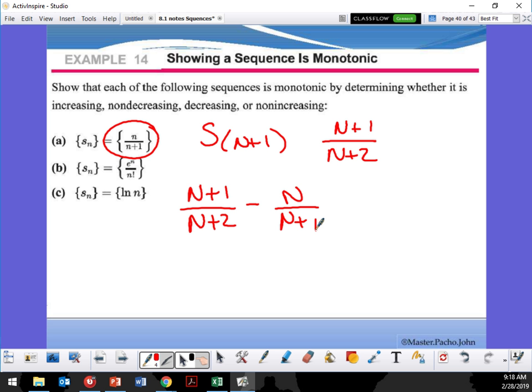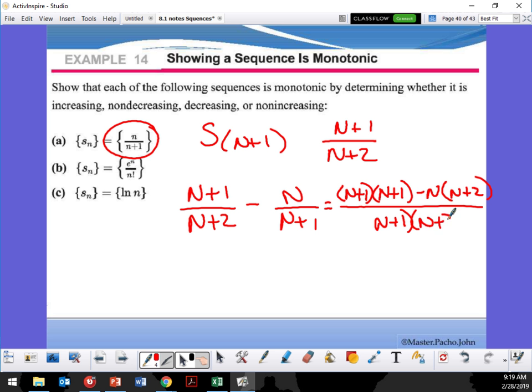So it's going to be n plus 1 times n plus 1, minus n times the quantity n plus 2, over n plus 1 times n plus 2.